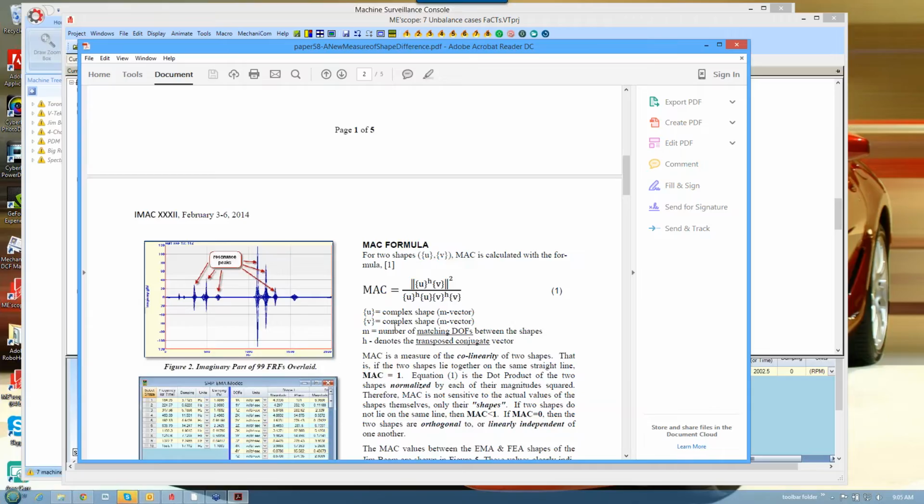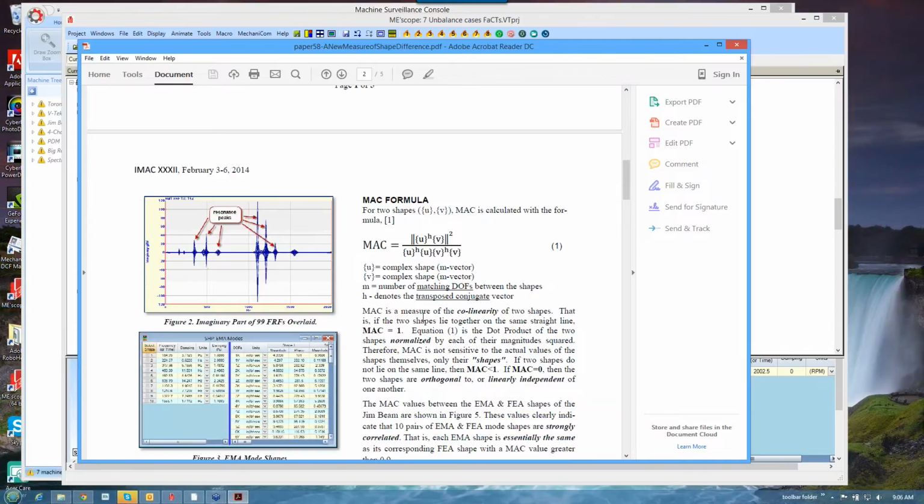And another way to think of the MAC is this mathematics here is really just a dot product of the two shapes. So if you remember from high school math or maybe college where you took a dot product, you take one vector and this little h here means that I transpose it, so I turn it from a column into a row. I multiply each of its components by the components of v, in this case u multiplied by v, and that just gives me a number. Now the h is in there because these are complex.